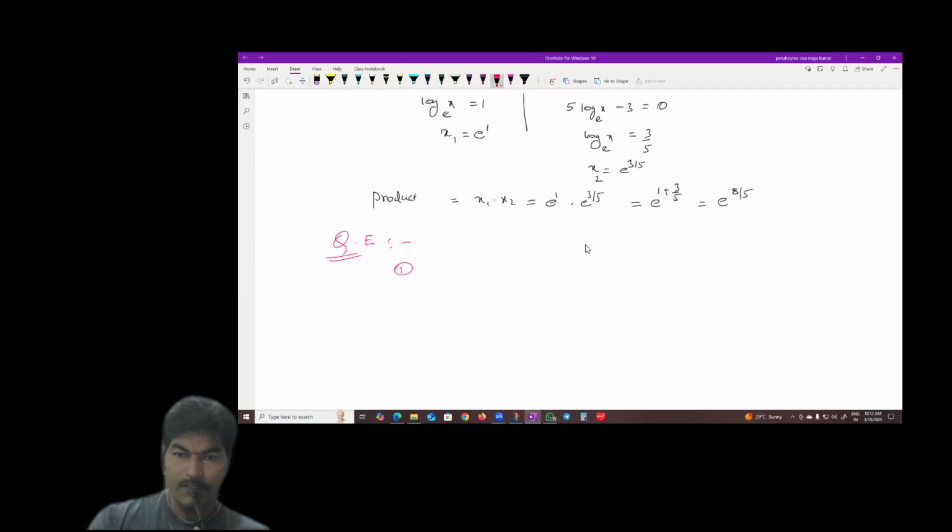So the first problem: the number of solutions of the equation 9 by x minus 9 by root x plus 2 multiplied by 2 by x minus 7 by root x plus 3 equal to 0.